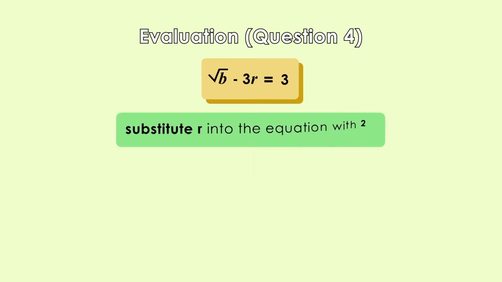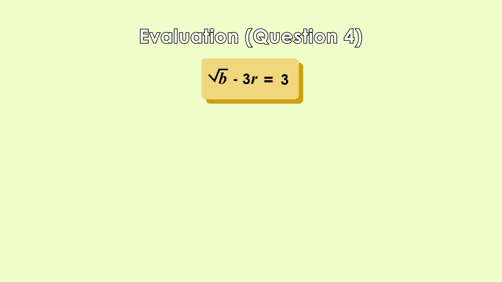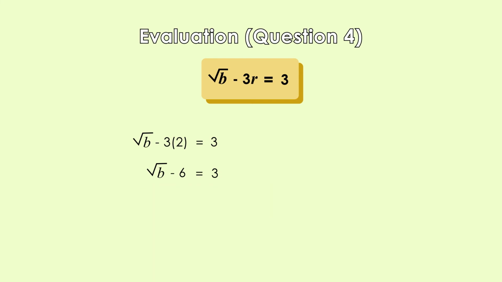First, you must substitute r in the equation with 2. Then, you will get square root of b minus 3 times 2 equals 3. Square root of b minus 6 equals 3. Add 6 on both sides of the equation to get square root of b minus 6 plus 6 equals 3 plus 6.